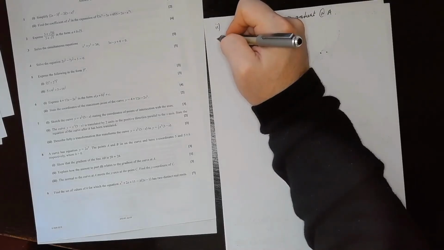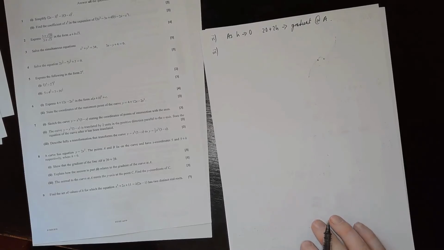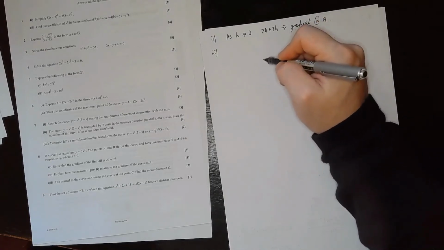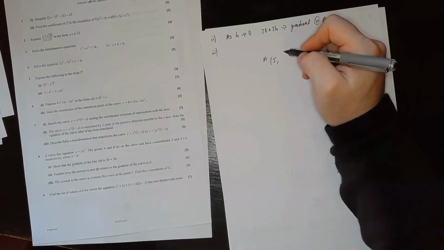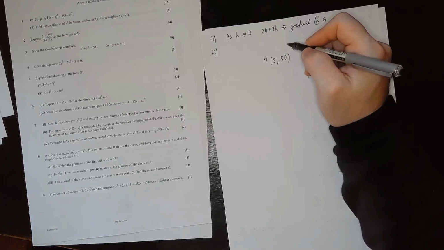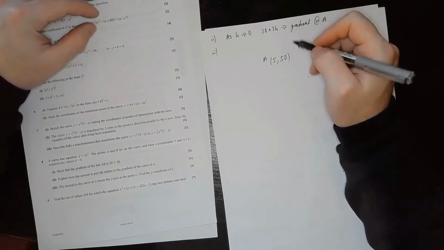Sorry about that, just get that in the shot. The normal to the curve at A meets the y-axis at the point C. Find the y-coordinate of C. So A is (5, 50).